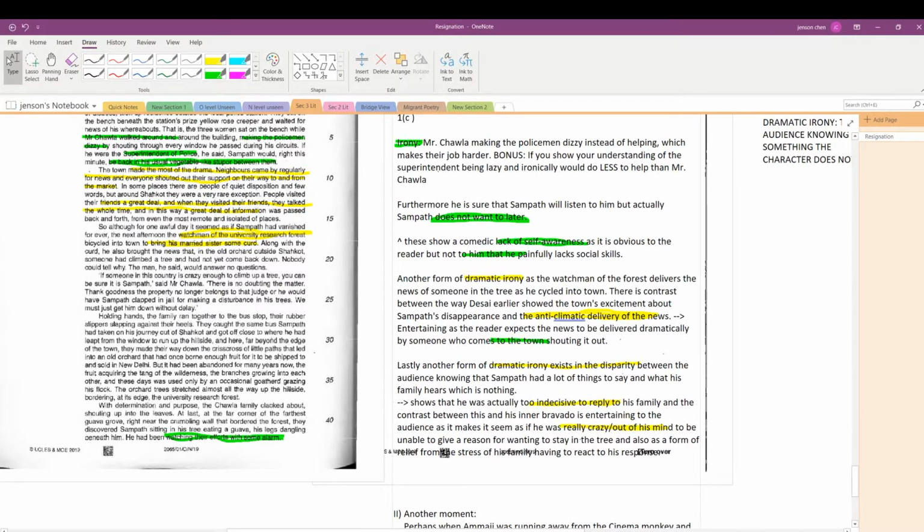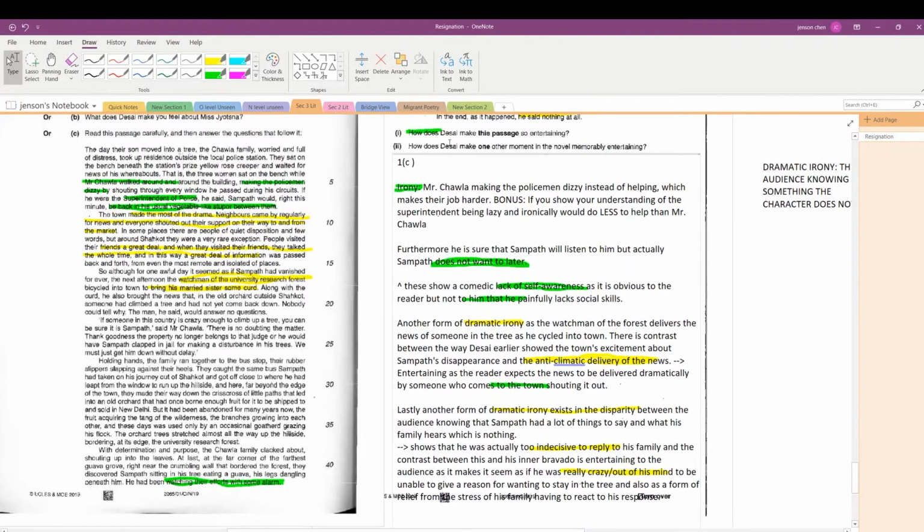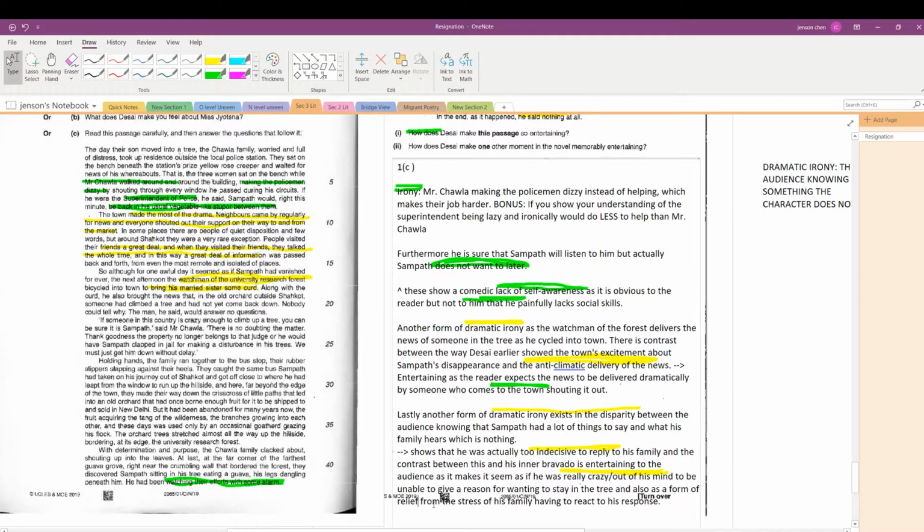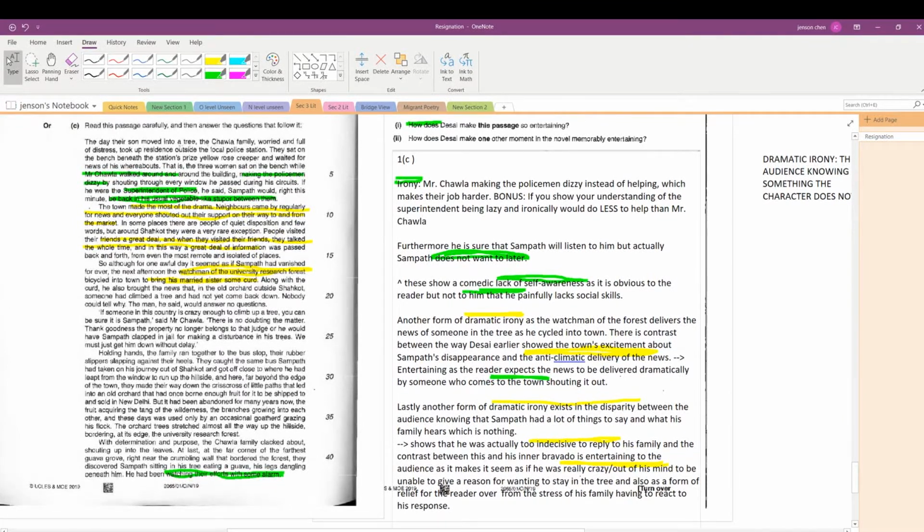to be unable to give a reason for wanting to stay in the tree, right? If you really wanted to, you could mention this as a form of relief from the stress, it reduces the tension for the reader.